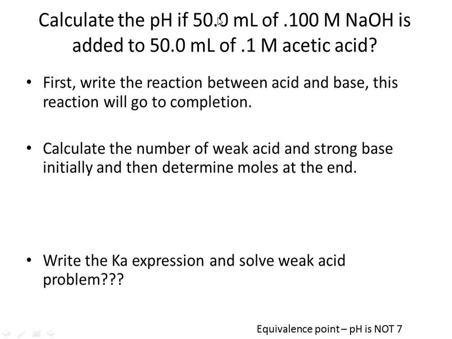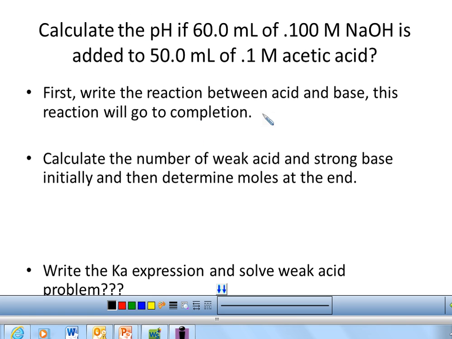Now we are going past that equivalence point and adding 60 mL. Again, we're going to go through the same process. If you do it enough times, it's going to stick in your head more than you want it to. So we are going to have a reaction going 100%, leaving some conjugate base. I'm starting with an initial amount that's been the same the whole time, 0.005.